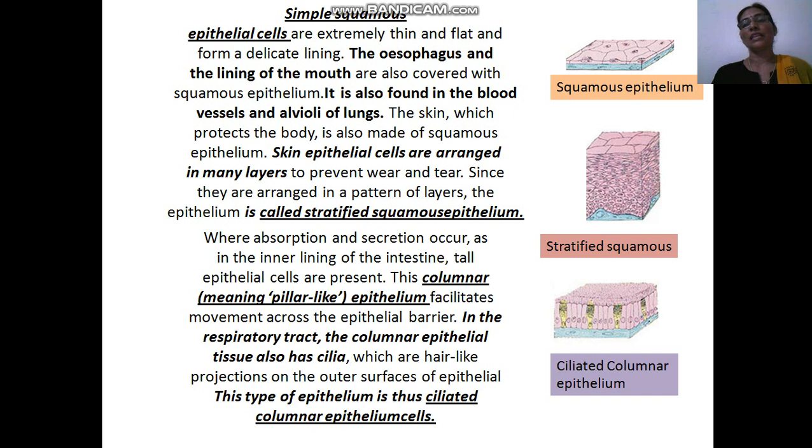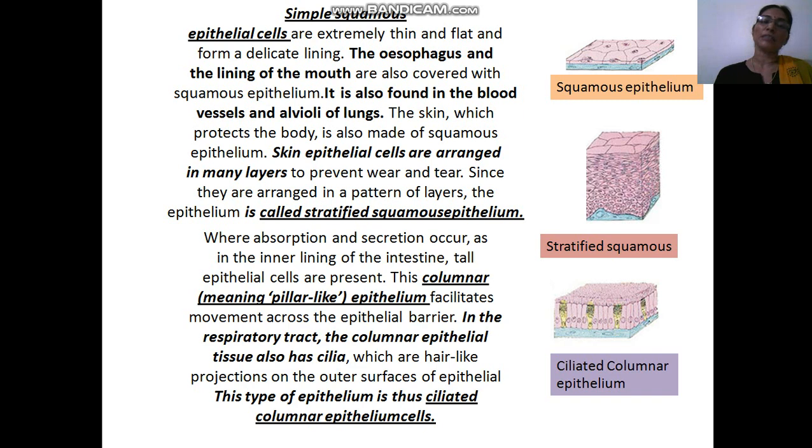So the covering of the trachea is lined by ciliated columnar epithelium. Here a mucosal secretion is there in the lining of the trachea. In the inner lining of the respiratory tract, a secretion is also found.